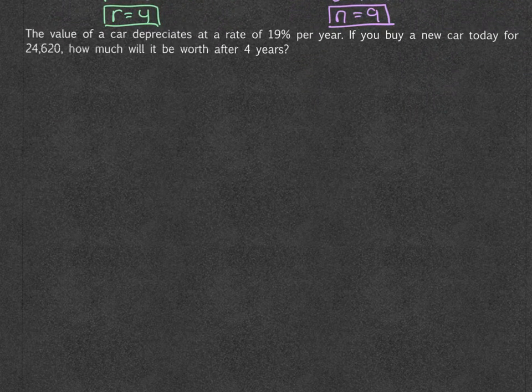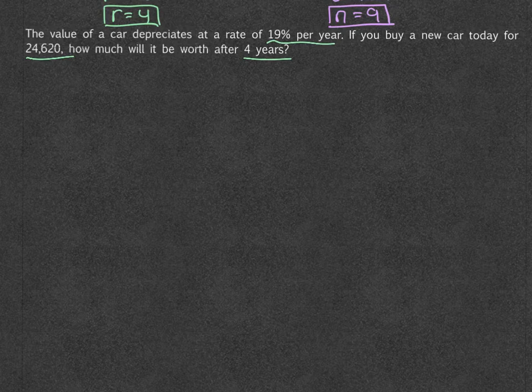So in this last problem, we're going to look at an application problem of geometric sequences. So we have the value of a car is depreciating or going down at a rate of 19% per year. We want to buy a new car today for $24,620, and we want to see how much it will be worth after 4 years.